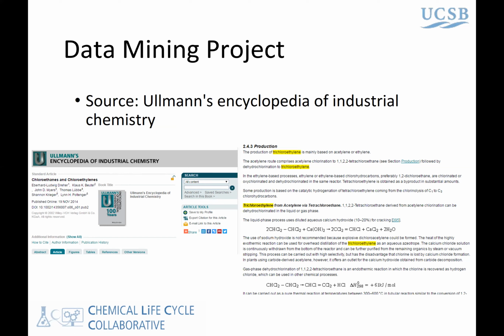It also has other information, for example, the enthalpy and entropy of the reaction, and we also collect that information, because this is very important for us to model the heat requirement of the reaction. They also have the market size of this process, and byproduct and co-product information. So we can fill in the numbers based on stoichiometry.